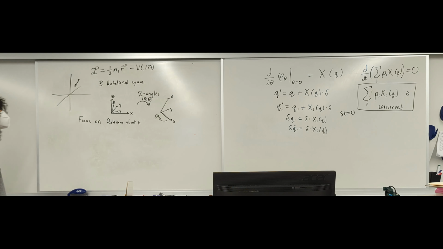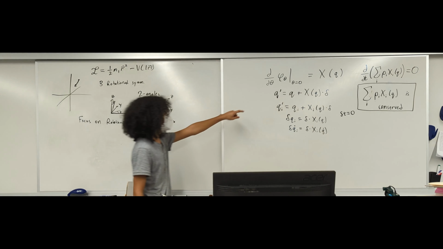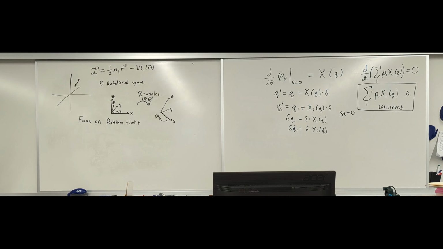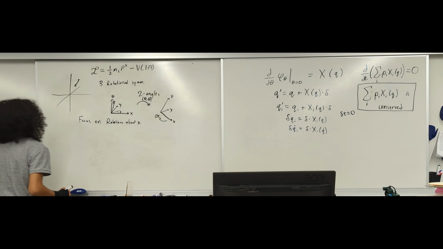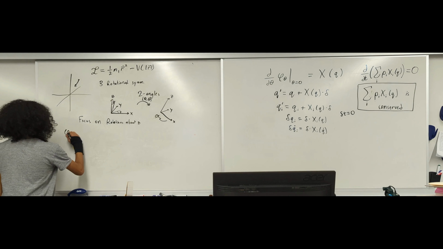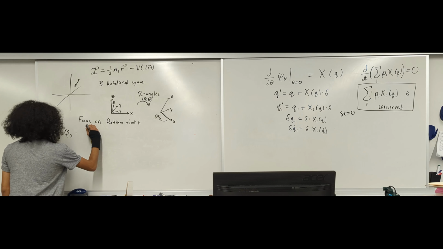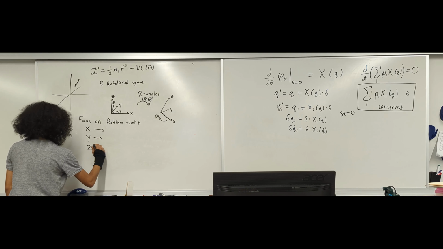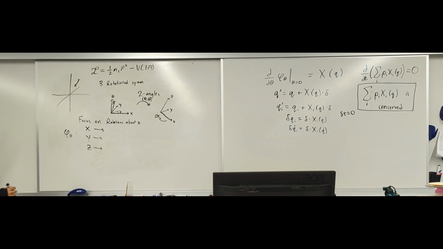So what we need to determine is what the transformation is for x, y, and z when we rotate around the z-axis by theta. And since we're doing it about the z-axis, we can just do this 2-dimensionally, right?